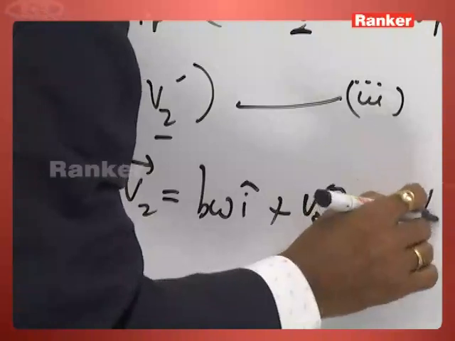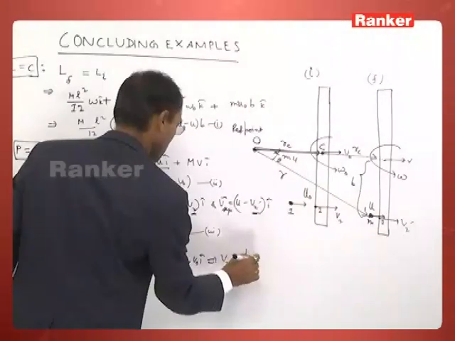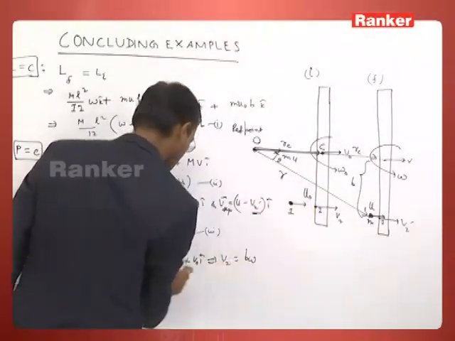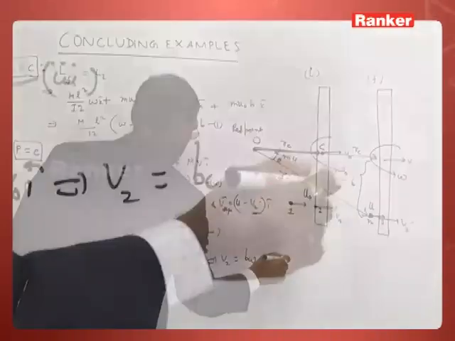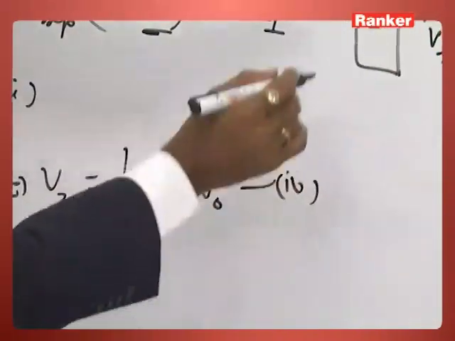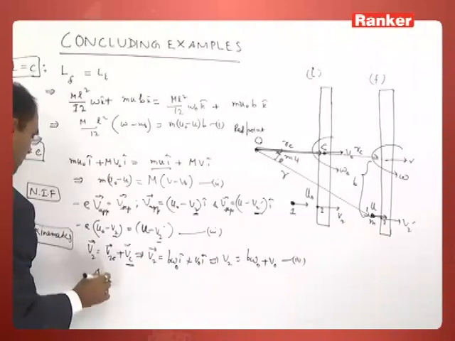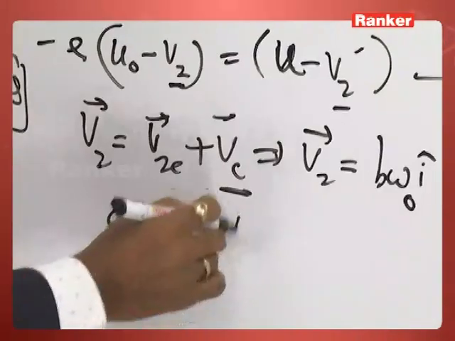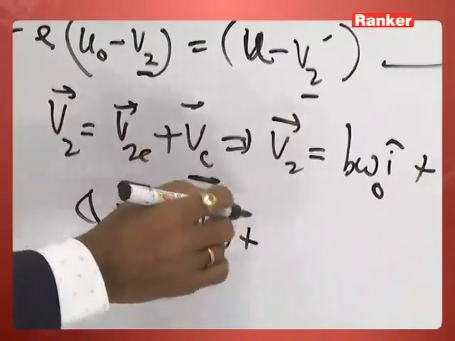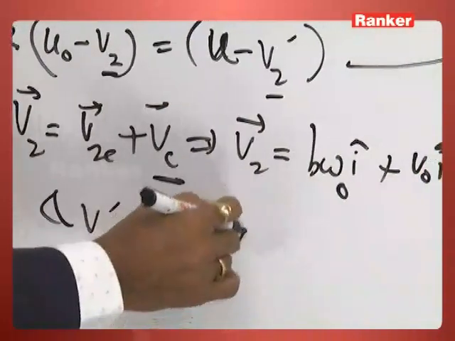Therefore v2 will be equal to b omega naught plus v naught, and similarly v2 dash can be written as b omega plus v.